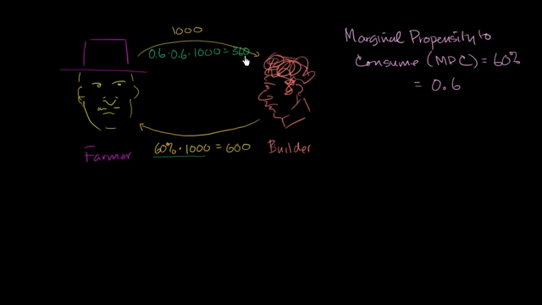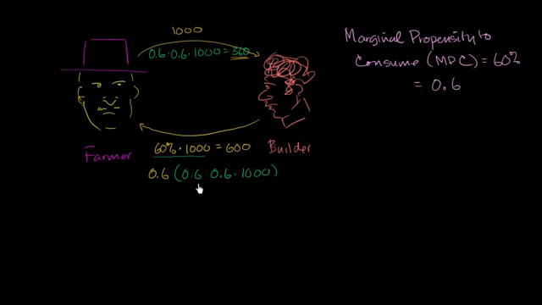Well, now the builder says, I got that initial $1,000, I spent $600 of that, but now I got another $360, and I have a marginal propensity to consume of 0.6. So I'm going to spend 60% of that. Above and beyond this spending, he also spends 60% of this right over here. And 60% of this is 0.6 times this whole thing. So he's going to spend 0.6 times 0.6 times 0.6 times $1,000.